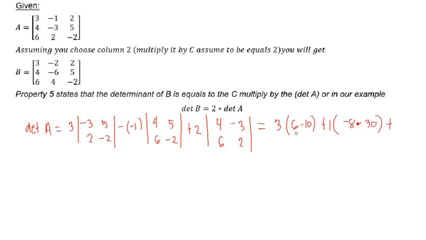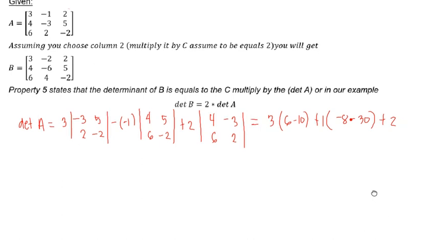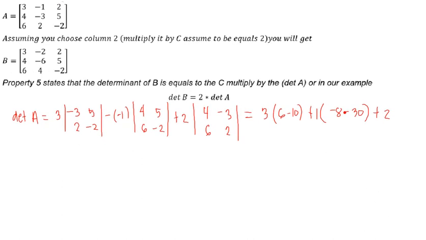Plus, we have 2 times the value 4 times 2, that is 8, minus negative 18.